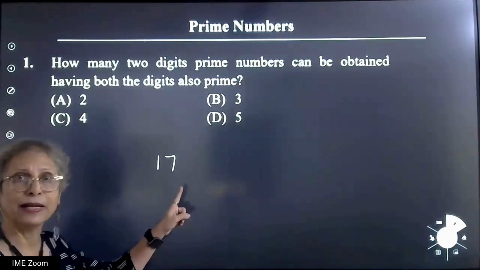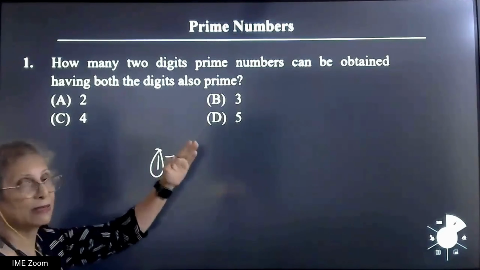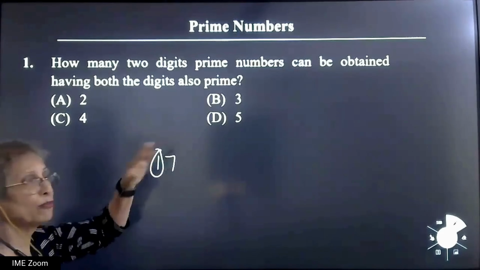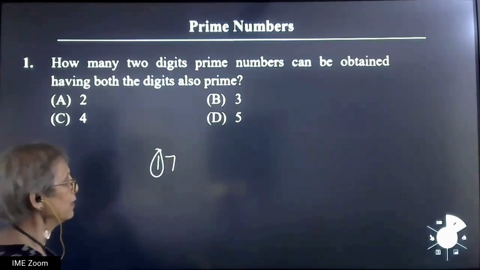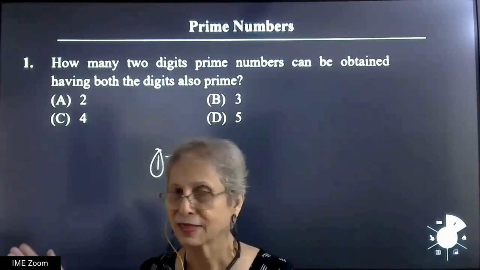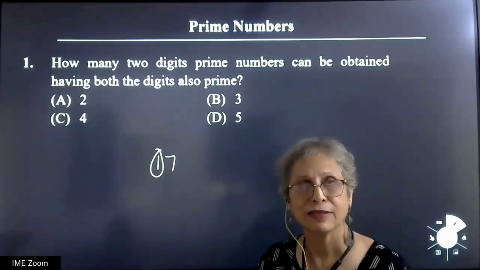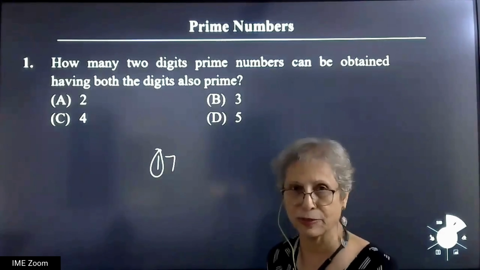This number is a prime, but here both the digits are not prime. 1 is not prime, right? And therefore, we have to find such primes which have both the digits prime. Simple. Single digit numbers are eliminated, and then 11, 13, 17, 19 all are eliminated because 1 is not prime.